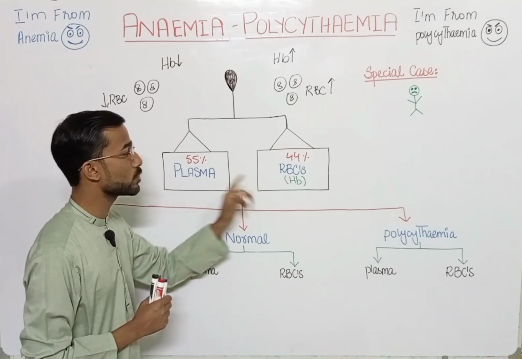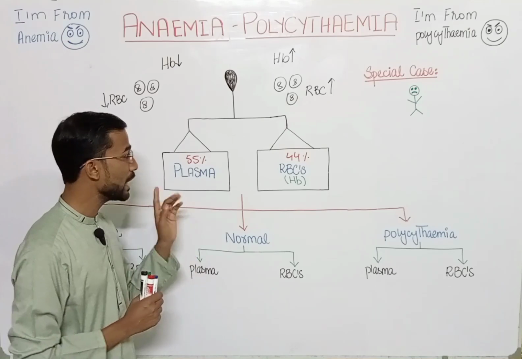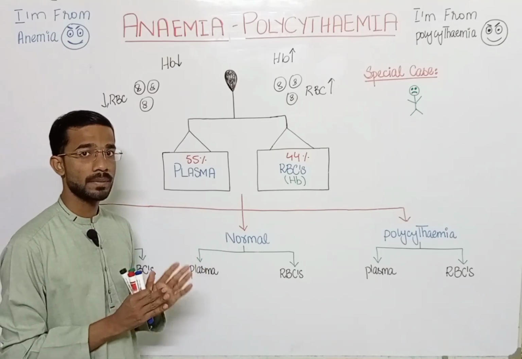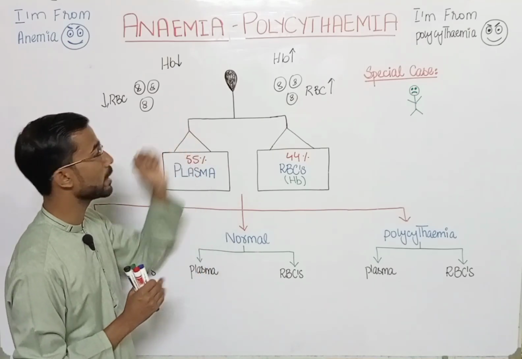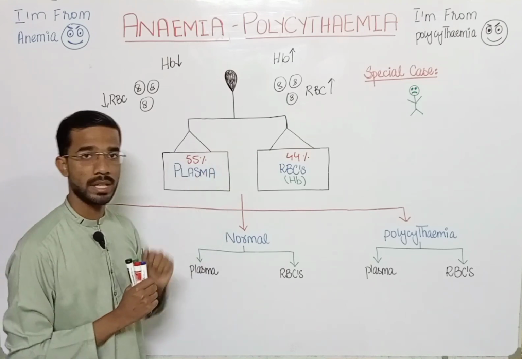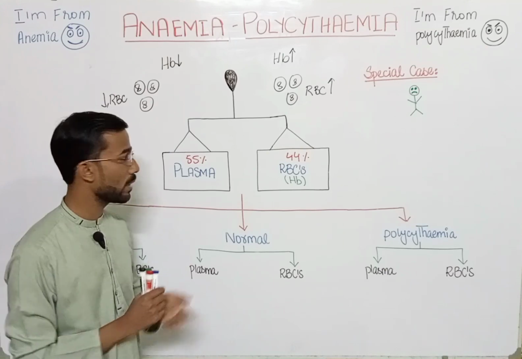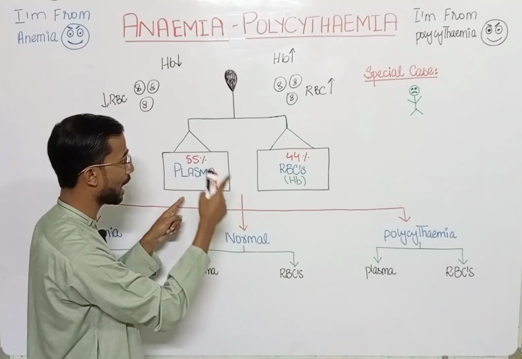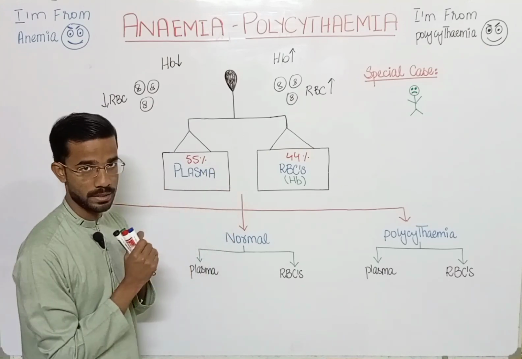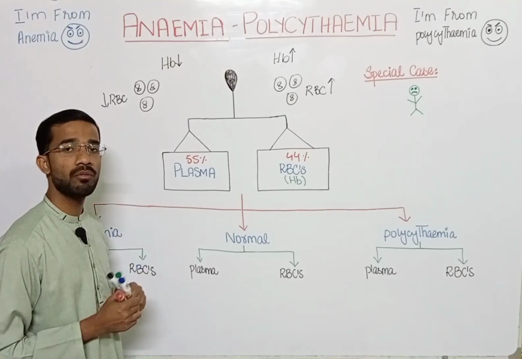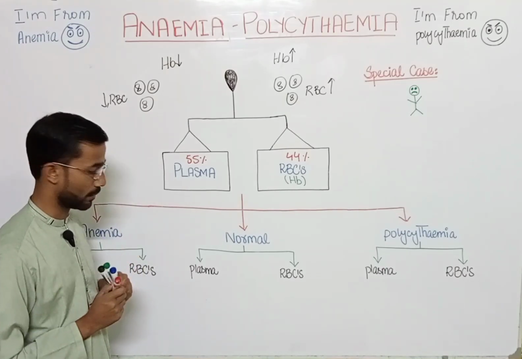So this balance should be maintained. If this balance is disturbed, then the condition goes toward anemia, or you can say polycythemia. There are two situations which can happen when this balance is disturbed between the plasma and the number of RBCs.